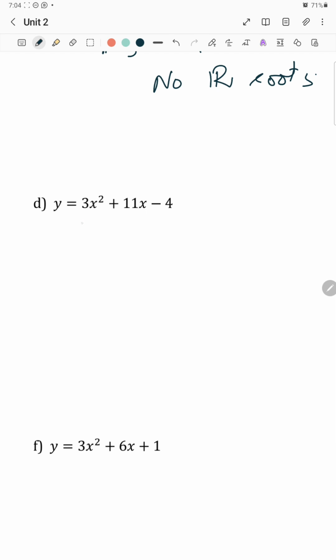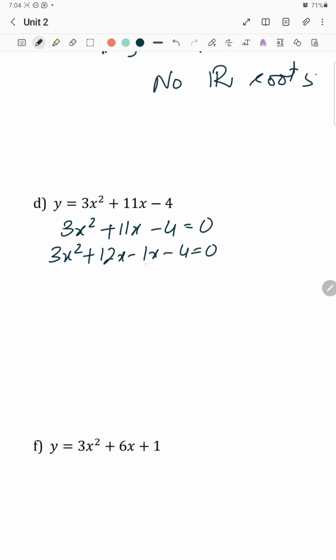4 times 3 is 12, 12 minus 1 is 11, so it's possible: 3x squared plus 11x minus 4, which is equal to 0, so it's going to be plus 12x minus 1x minus 4, which is equal to 0, 3x, x plus 12, minus 1, x plus, x plus 4 here.